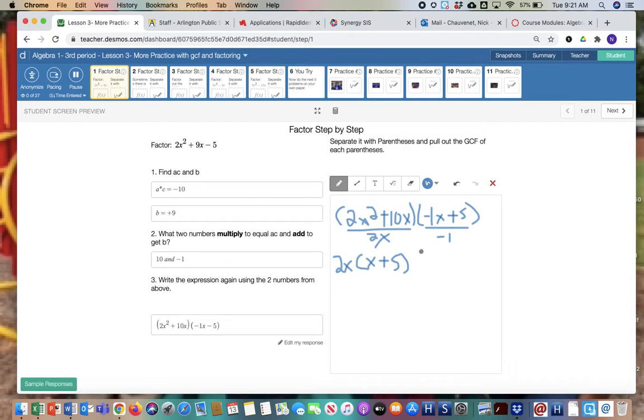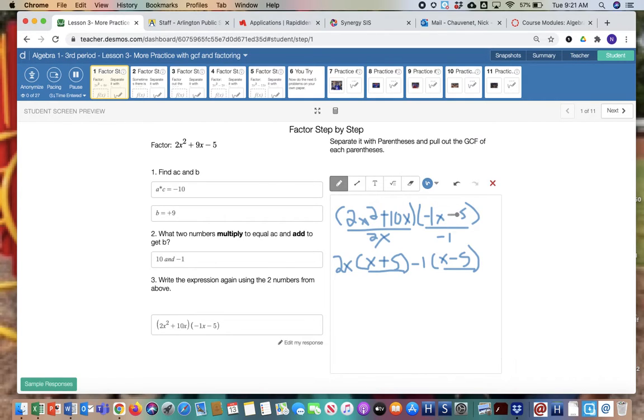Now here, we want to take out a negative 1. Or if this first coefficient is negative, we always take that out with the GCF. So that's going to flip both the signs. So this becomes positive, and this becomes negative. And now from here, we want to check our signs. All right, oops, I made a mistake here. So see how these aren't the same? Well, that's going to say to me, hey, something went wrong. See how this is a negative 5? That should have been a negative 5 here.